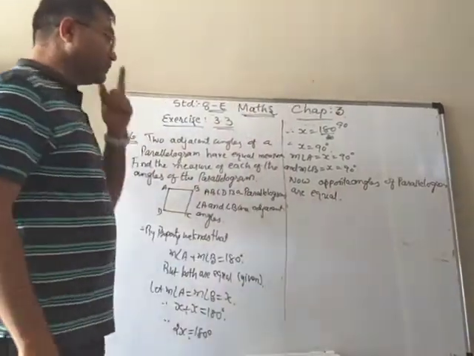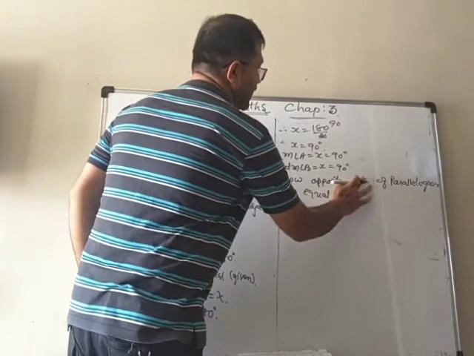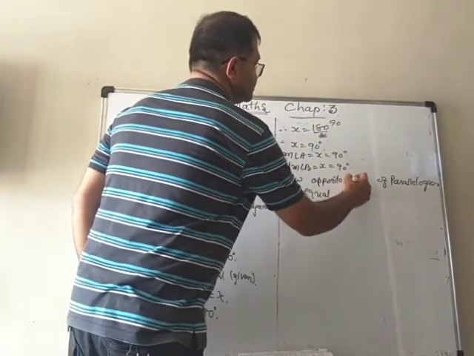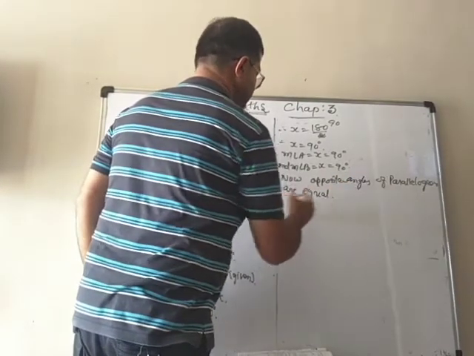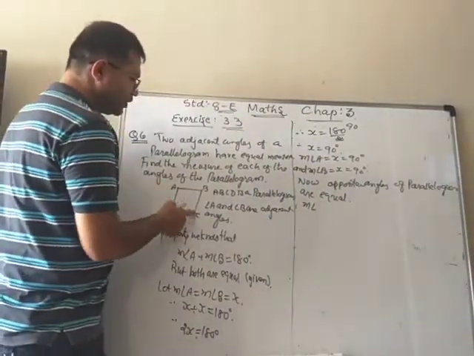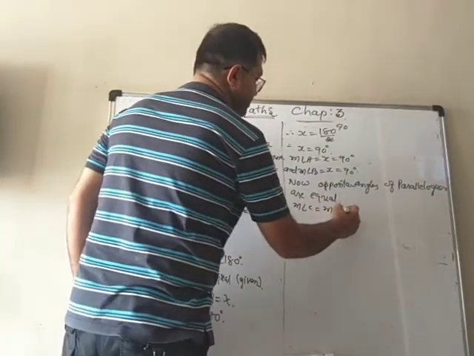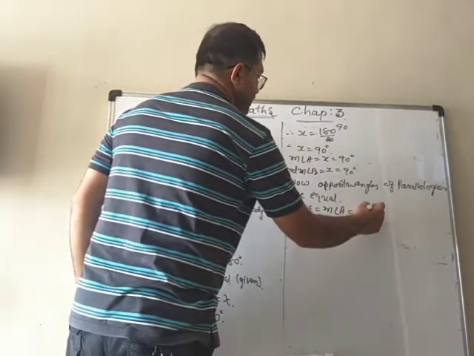We know that other property, that opposite angles of parallelogram are also equal. Now opposite angle of A is C. So measure angle C is same as measure angle A, which is equal to 90 degree.